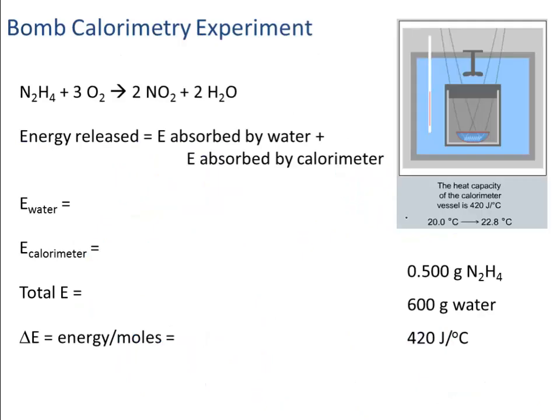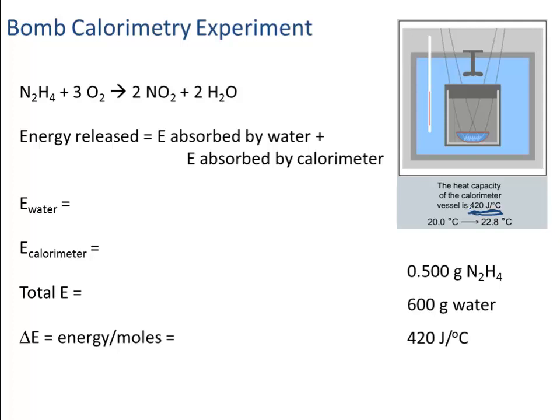For a bomb calorimeter, you normally can't do that because it's a much bigger, much more hefty vessel, and the calorimeter itself will also involve some heat to either raise its temperature or if its temperature goes down. And that's given by a calorimeter constant, which is a number that goes along with the piece of equipment. When you get the equipment, you measure that, and you know that then for the piece of equipment.